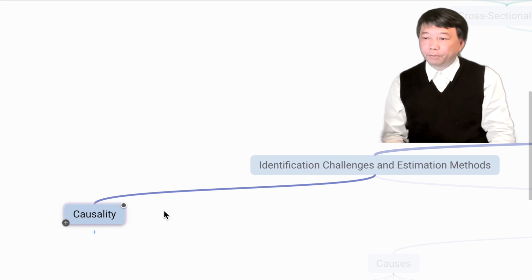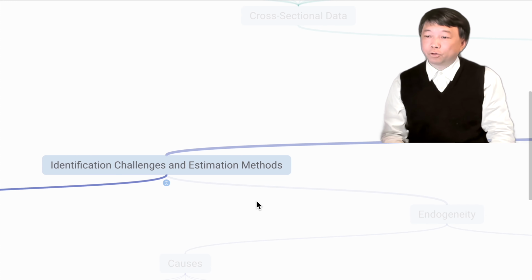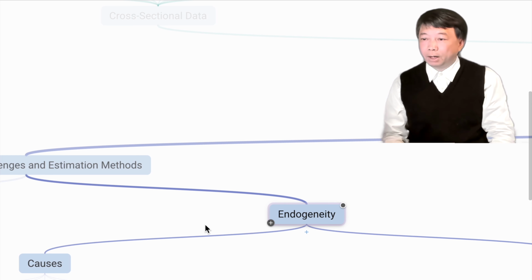The goal of econometric analysis is to identify and estimate causality rather than merely finding association. An obstacle to achieving this is endogeneity, which arises when relevant factors are not held constant, resulting in biased or inconsistent OLS estimates.